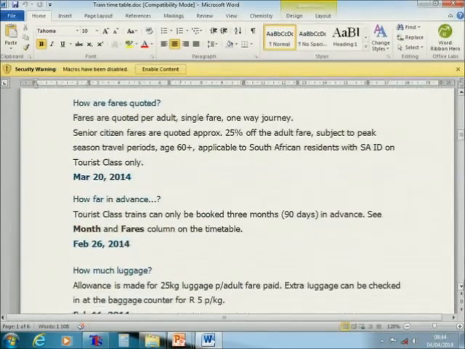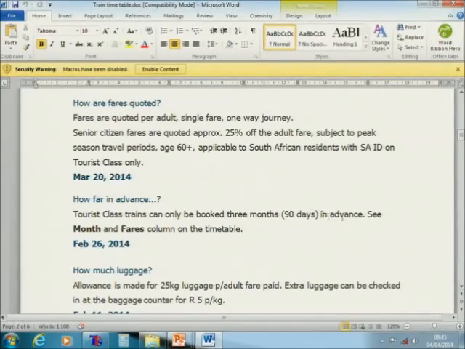So how are fares quoted? These are the notes on the timetable or on the schedule of the train. Fares are quoted per adult, single fare, one-way journey. In other words, that 620 is only for going to Cape Town, not return, but the schedule is for return.